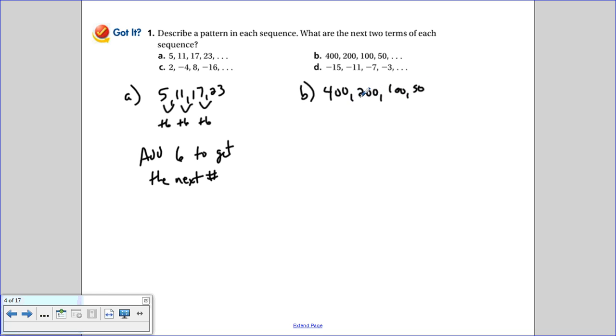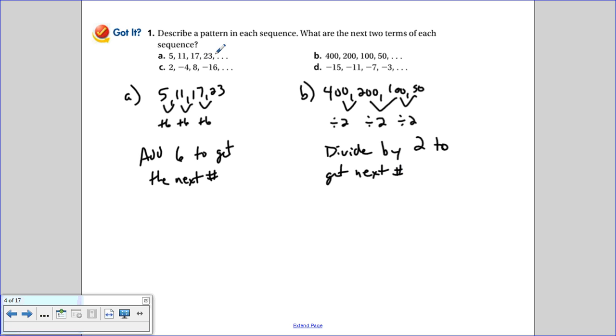And again, if you don't notice that it's dividing by 2, you could always see, how about to get from 200 to 100? This is divide by 2. From 200 to 100, divide by 2. To get from 100 to 50, divide by 2. So divide by 2 to get the next number.